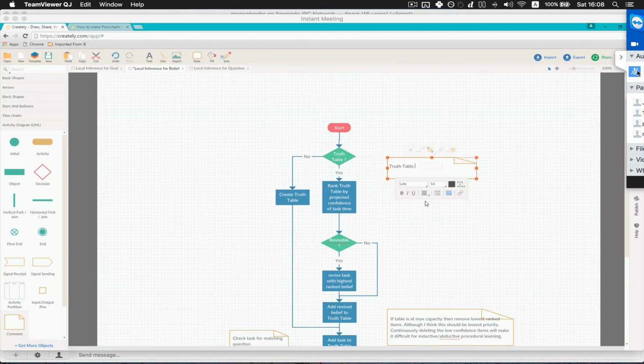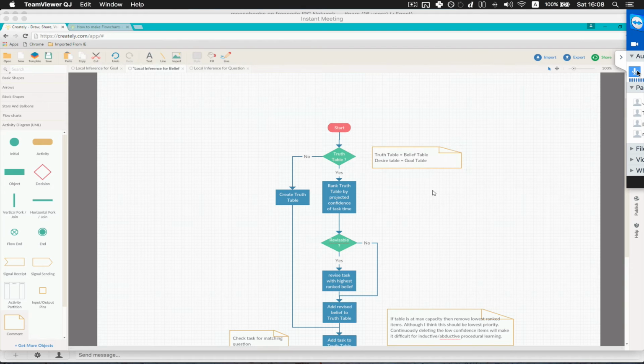So truth table equals belief table, and desire table equals goal table. Beautiful. And those names are all interchangeable. So I'll try and correct it where I've not been consistent, but they are equivalent. If you see one or the other, it means the same thing.